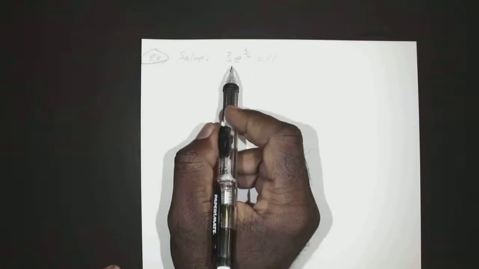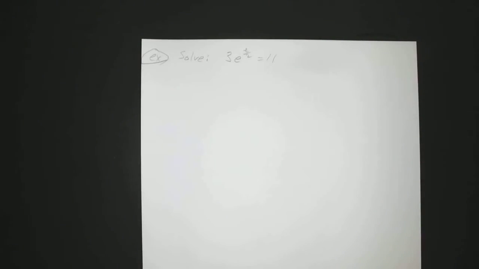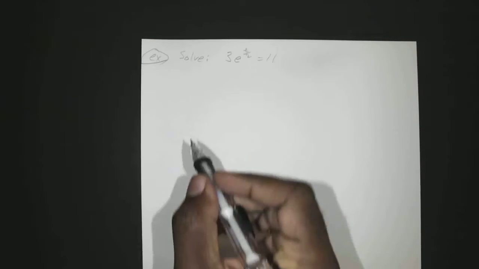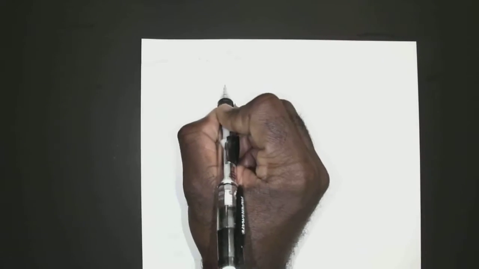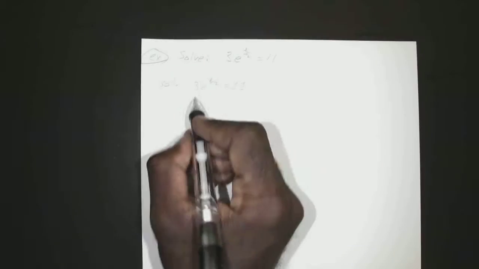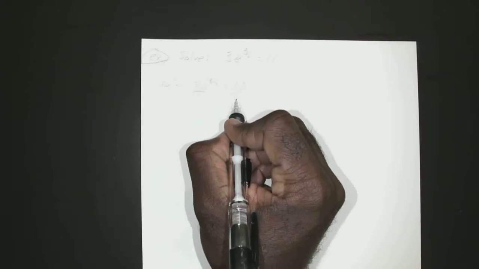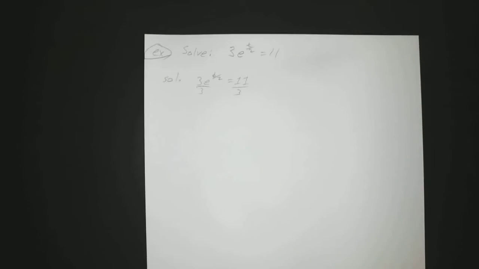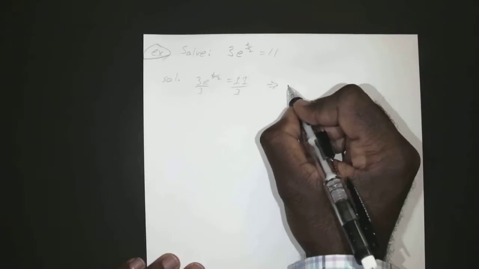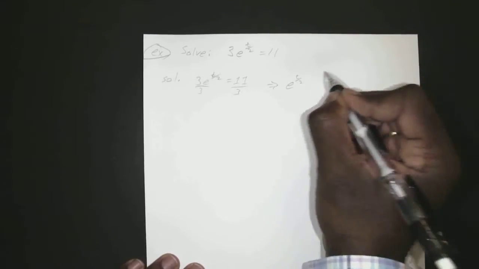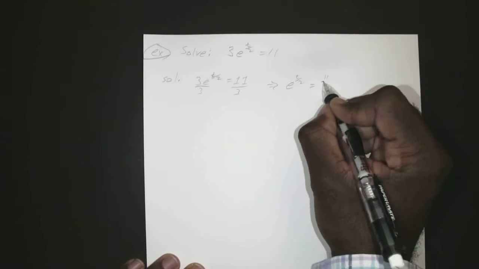Just like before, your first priority is to get the e by itself. 3e to the t over 2 equals 11. Just divide both sides by 3. So you end up with e to the power of t over 2 equals 11 over 3.